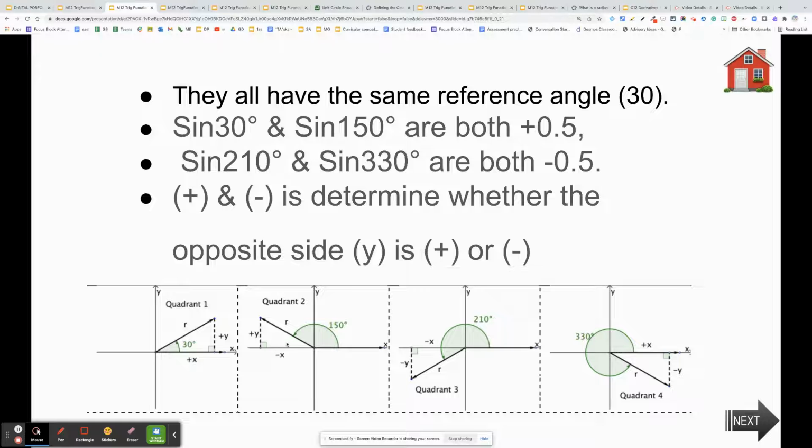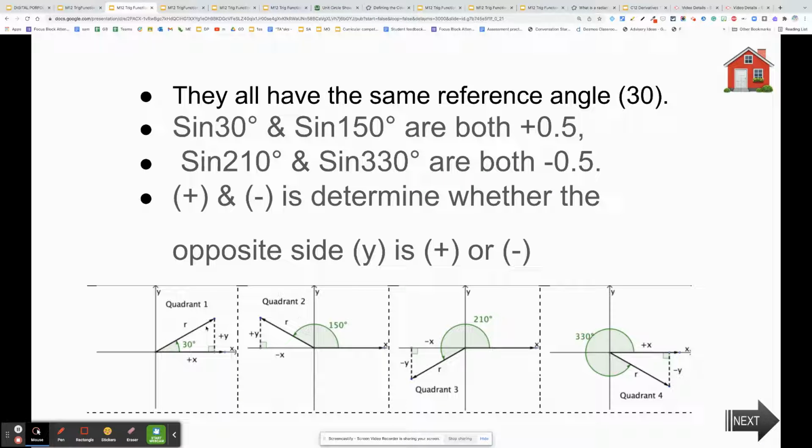If the angle is 30, the reference angle is 30. If the angle is 150, then the reference angle is 30. If the angle is 210, then the reference angle is 30. If the angle is 330, then the reference angle is 30. Can you see that each of these would provide a ratio of 0.5?